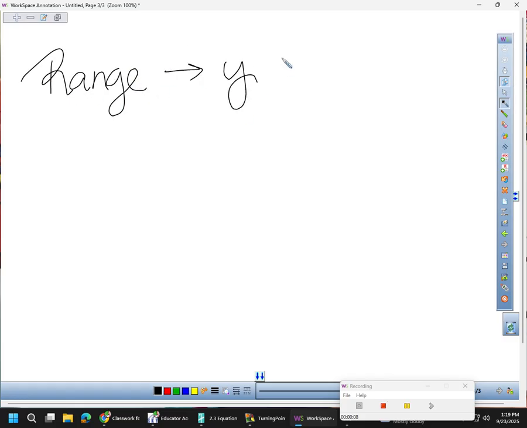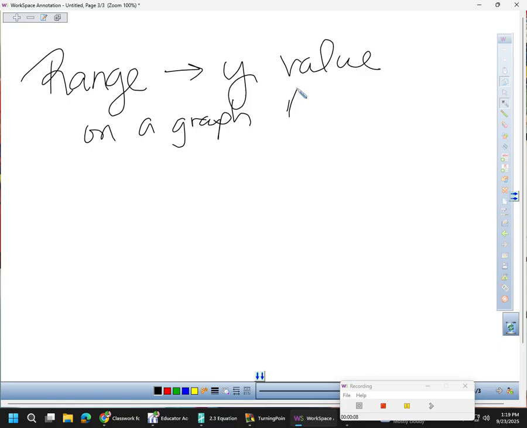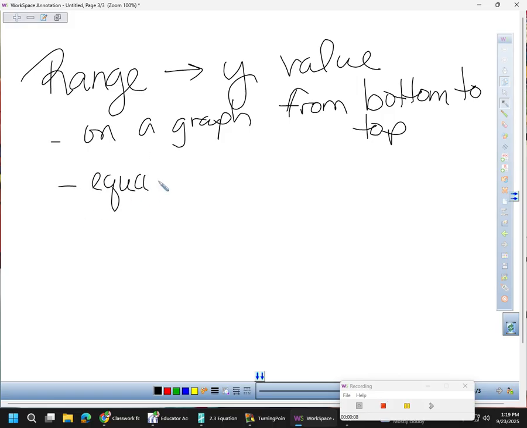Range is your y value on a graph. It goes from the bottom to the top. And in an equation, it is the overall value.